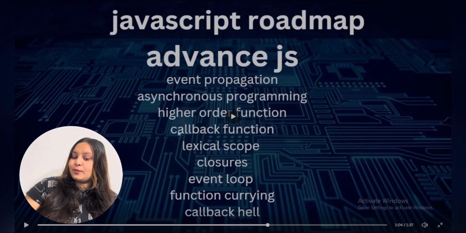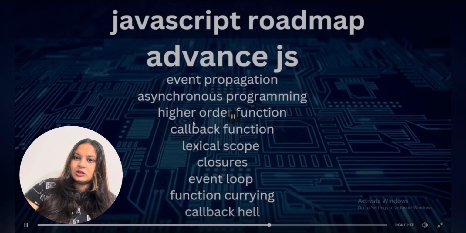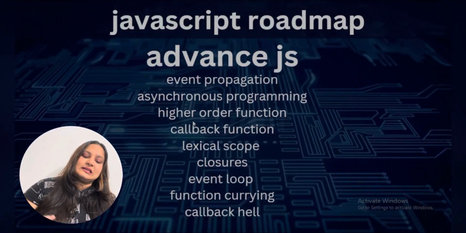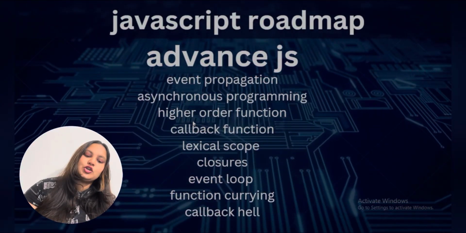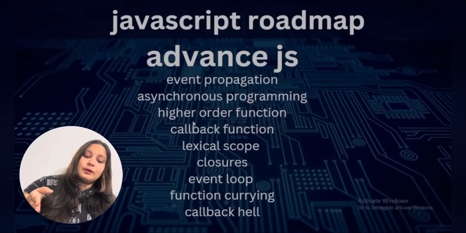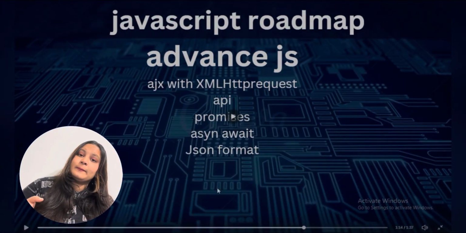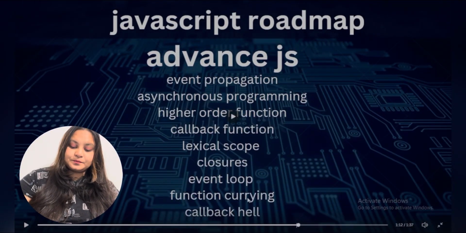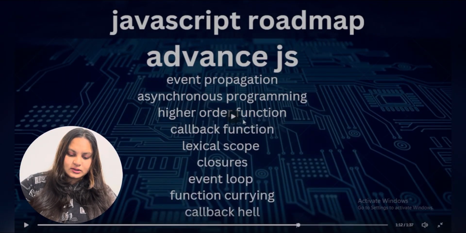Now comes the most important part of the video, advanced JavaScript. In advanced JavaScript, we all know asynchronous programming is one of the most important topics. Then event propagation, higher order function, lexical scope, closures, event loops, and what are the others?